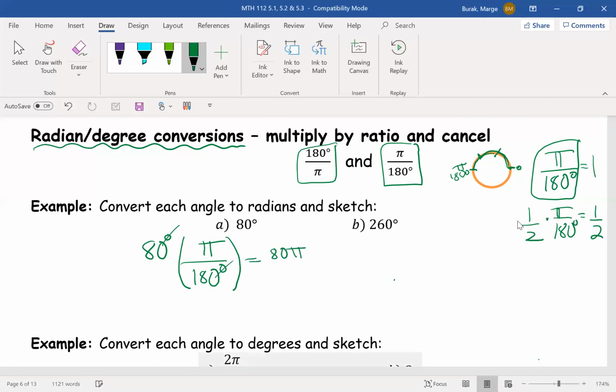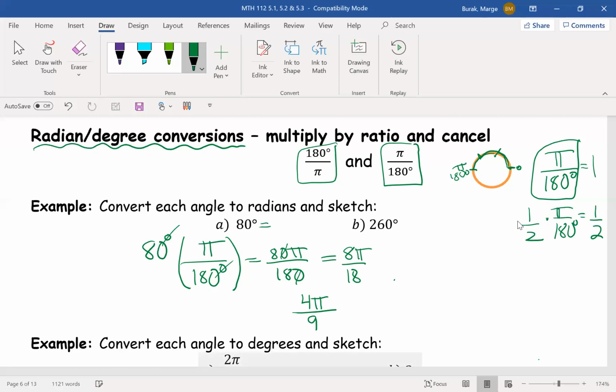That's not lowest terms. So you can either put that in your calculator and reduce, or I'm just going to divide them both by 10 and I'll get 8 pi over 18, and I'm still not in lowest terms. So I'm going to cut each of those in half, divide 8 by 2 and get 4 pi, and divide 18 by 2 and get 9.